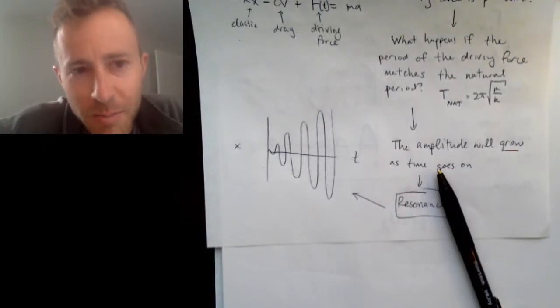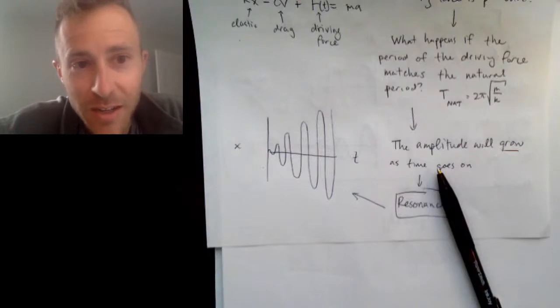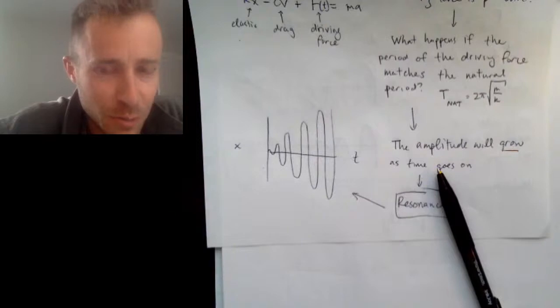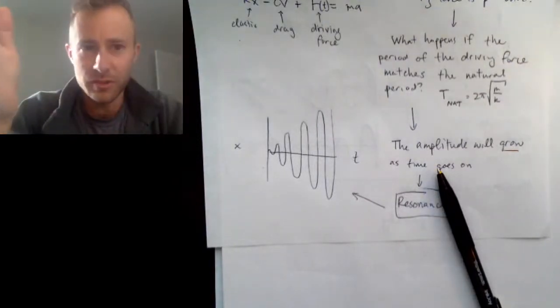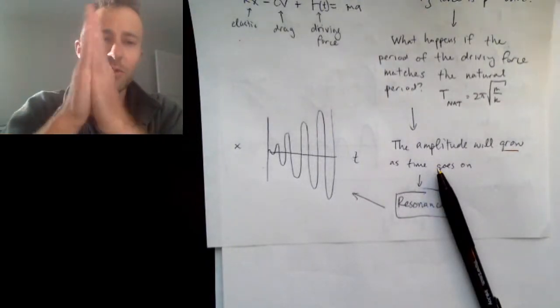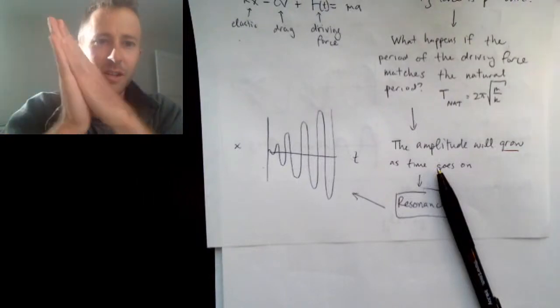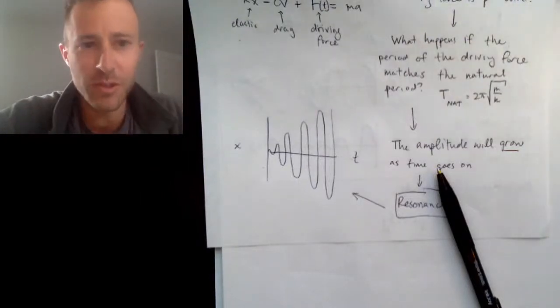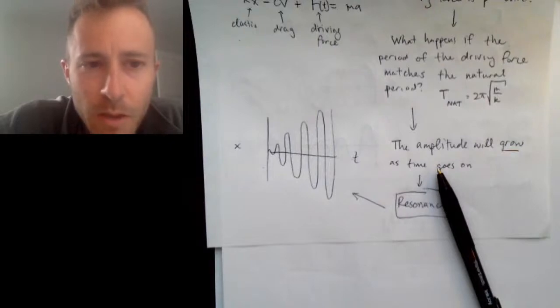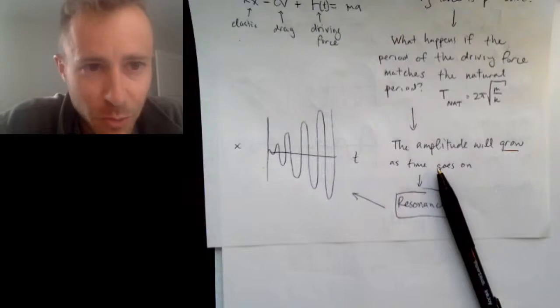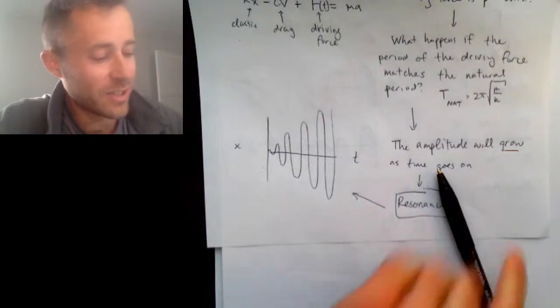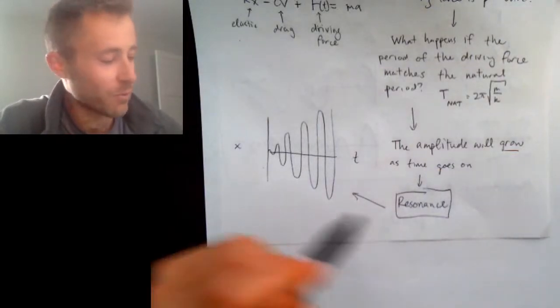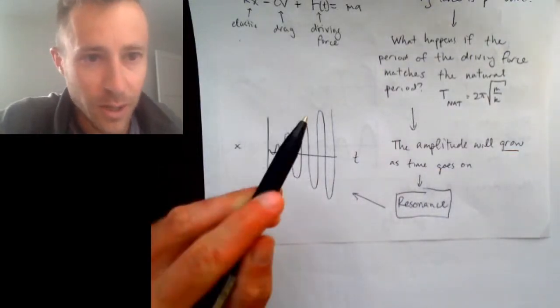So in building design, you want to make sure that the natural frequency of your building, because any structure is going to have some natural frequency where you disturb it and it just vibrates at that frequency, is not the same frequency as earthquakes. Otherwise, if an earthquake happens, you're going to resonate with the earthquake, and the building is going to have really large vibrations, and it's going to fall down.